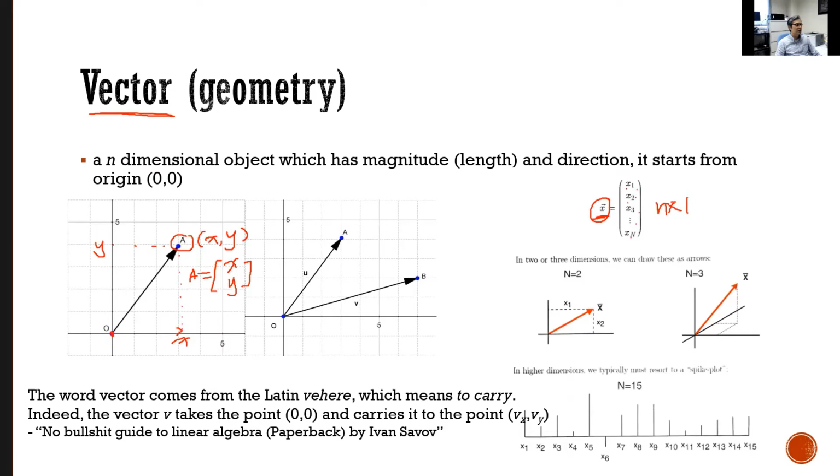Similarly, you can have another data point B. This will be another set of x for B and y for B to describe the position of this data point here. So you have A and you have B, and the idea here is that the data point is in a 2-dimensional space, so you need 2 variables to describe it.